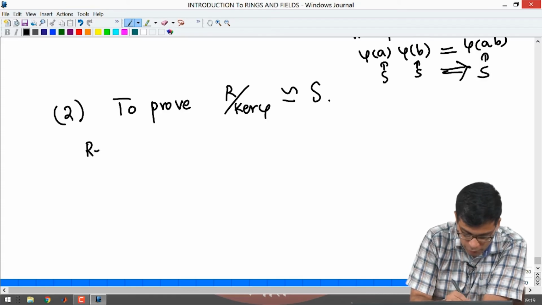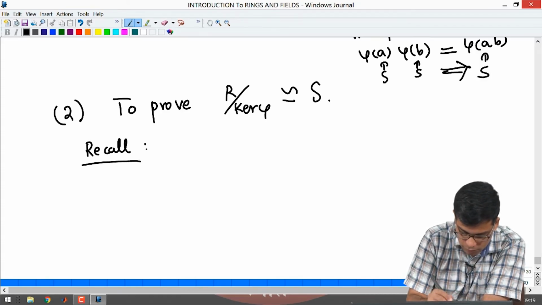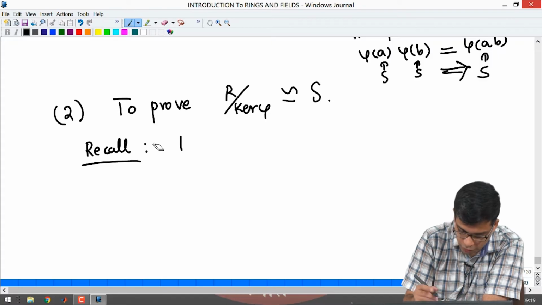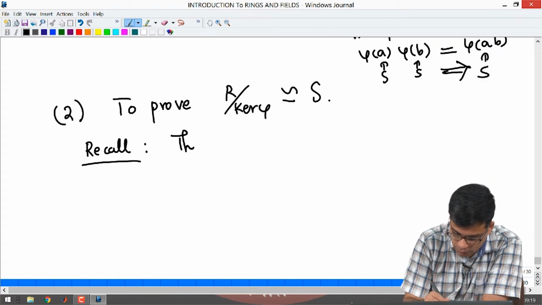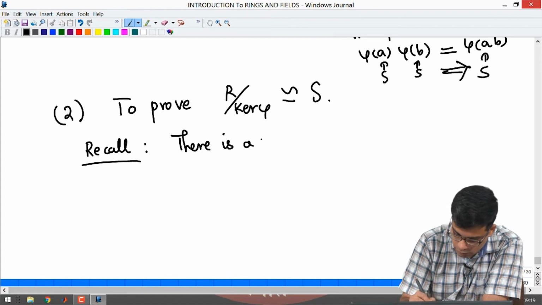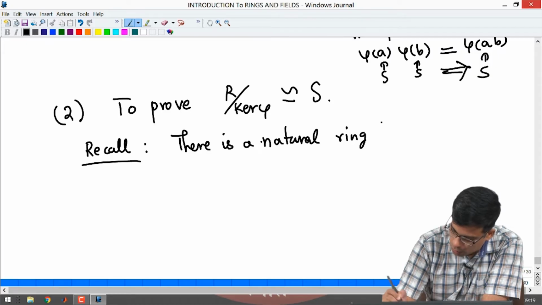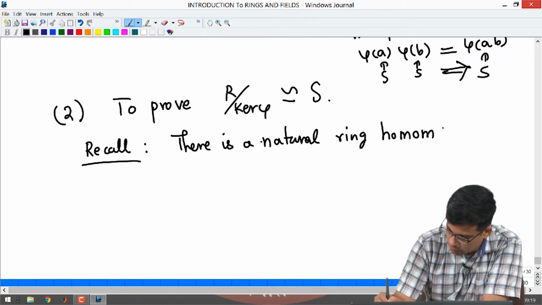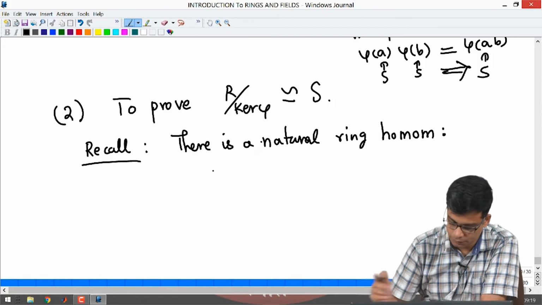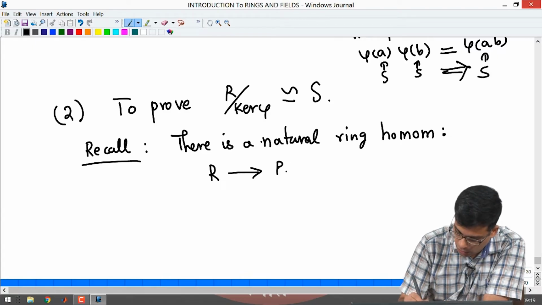So, recall from the last video, we have a natural ring homomorphism from R to R mod kernel phi.